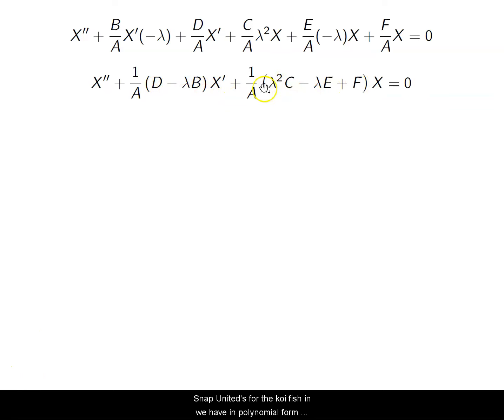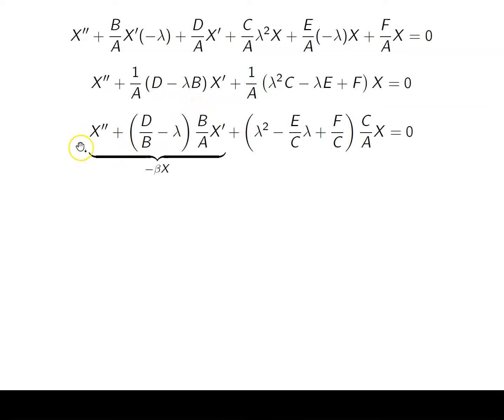So now if you notice, this coefficient is in polynomial form, and this is also in polynomial form. So we have our constants here, right? This first term here, if I change it around a little bit and pull out a factor of b, this is negative beta x. And here I just pulled out the c so that my lambda is now a monic polynomial, divided by its leading coefficient.